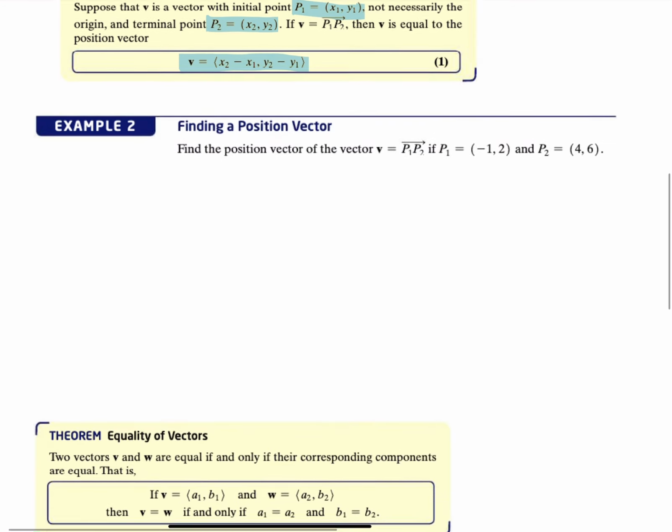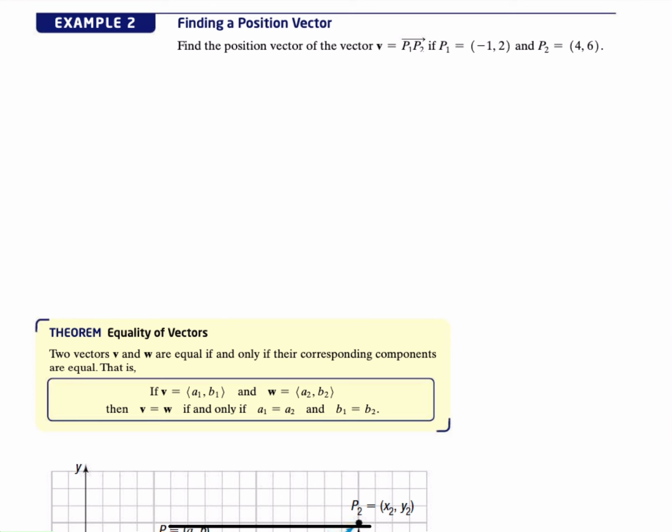So let's practice producing a vector from 2 points. So we have point 1, which is -1, 2. And then point 2 is 4, 6.